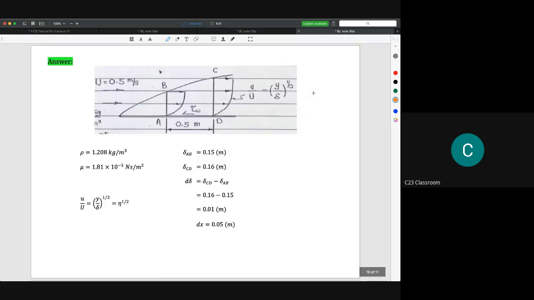According to this diagram, we have 2 points, and each point has its own delta. This is 0.15 and this is 0.16. So d delta means the difference between these two boundary layer thicknesses. We deduct delta CD minus delta AB, so we get d delta as 0.01.